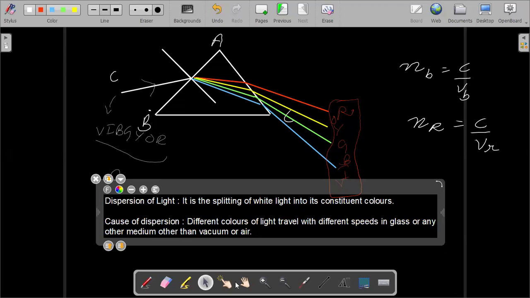Okay, now let us see another thing that we call the recombination. So next we will see the recombination of light. Let's see how we obtain the recombination.